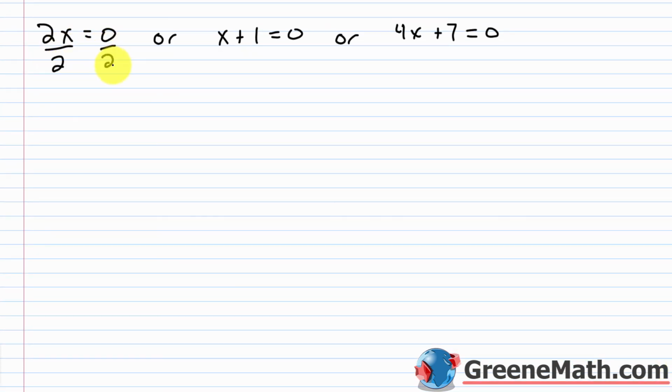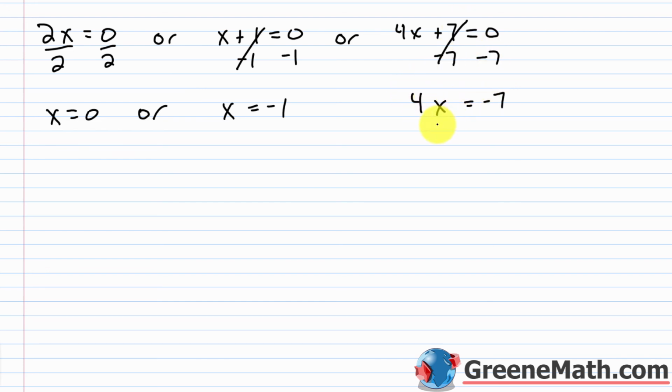You divide both sides by 2, you get x equals 0. Then for this one, x plus 1 equals 0, we subtract 1 away from each side. We get x is equal to negative 1. Then for 4x plus 7 equals 0, we subtract 7 away from each side. We get 4x is equal to negative 7. We divide both sides by 4, and we get x is equal to negative 7/4.